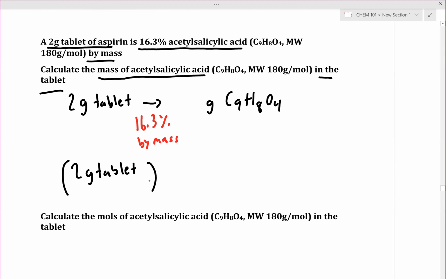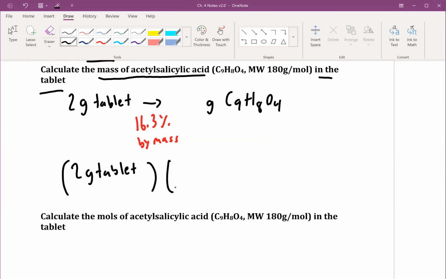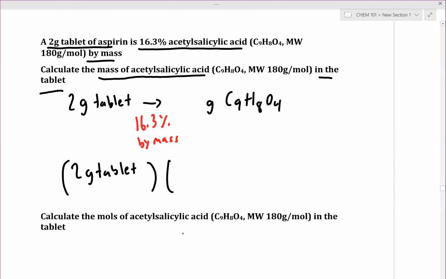And if we're going from grams of tablet to grams of acetylsalicylic acid, my question to all of you is, how many grams of acetylsalicylic acid do we have per how many grams of tablet? How do we convert this mass percent into a conversion factor? 16.3, yeah.